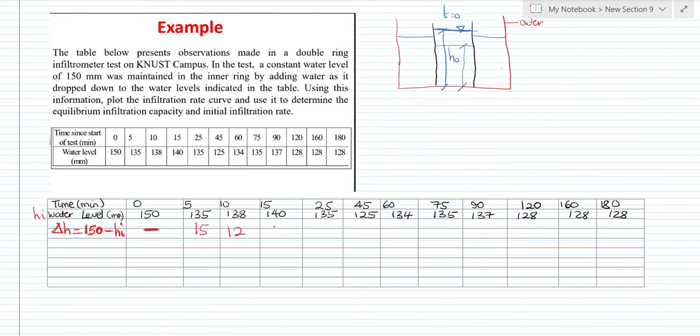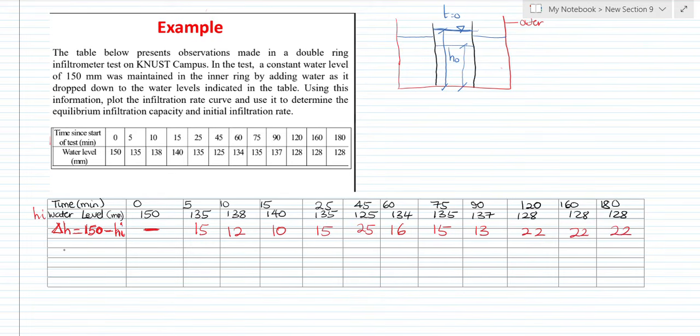This one, 150 minus 140, that is 10. 150 minus 135, that is 15. 150 minus 125, and that is 25. 150 minus 134, so that is 16. 150 minus 135, 15. 150 minus 137, that is 13. 150 minus 128, that is 22, 22.